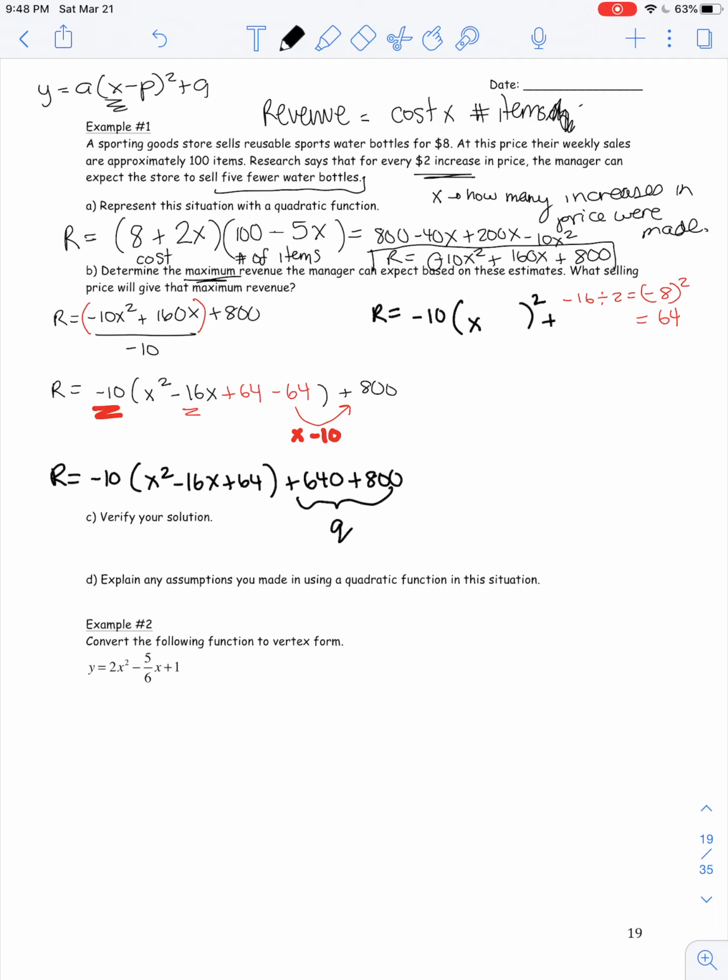If you add them together, you should have gotten 1440. A trick to getting our p-value is that it's always going to be half this number. Our p is going to be half of negative 16, which is negative 8. So that's what we'll put right there. And there is our vertex form.